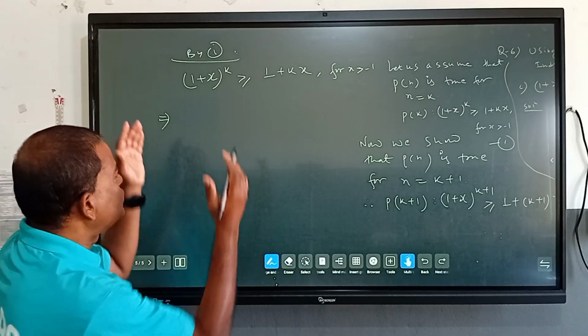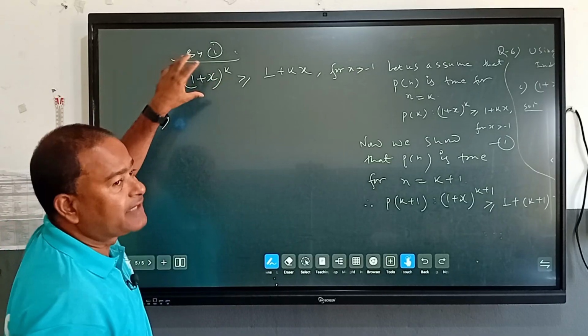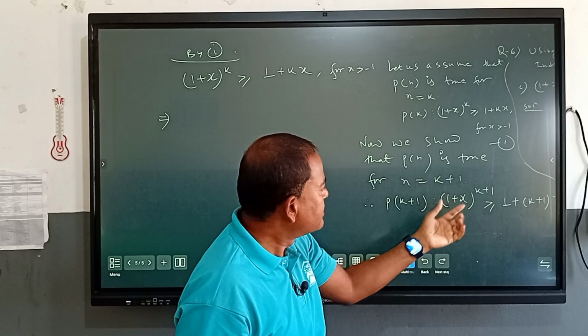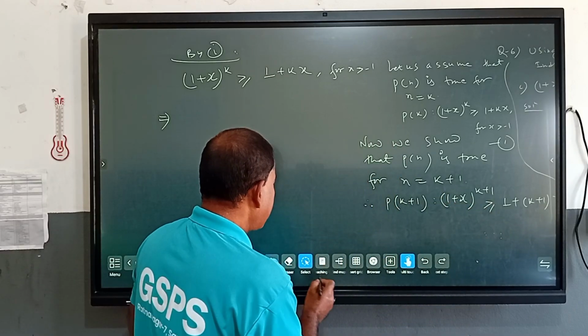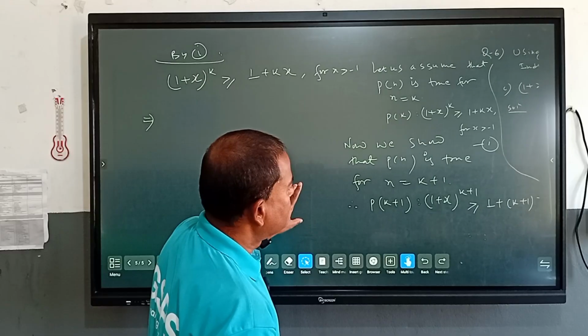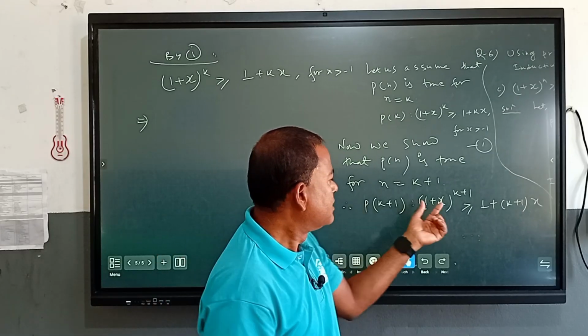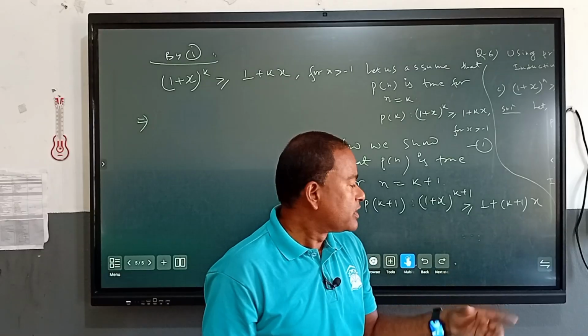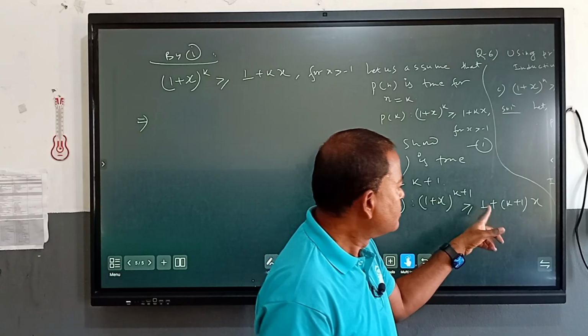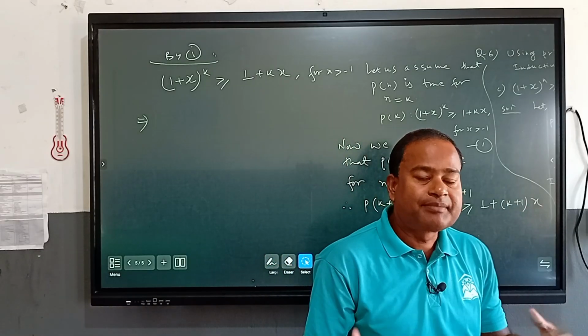So dear students, now first we are going to make the expression of the left hand side same as (1 plus x) whole power k plus 1. We have to prove that (1 plus x) whole power k plus 1 is greater than or equal to 1 plus (k plus 1) times x.